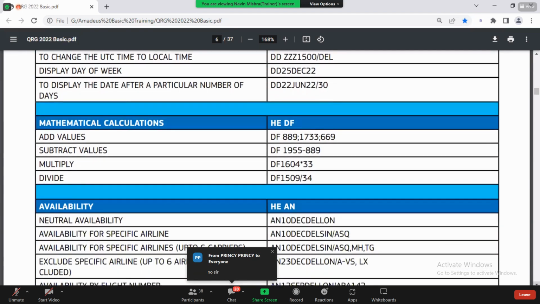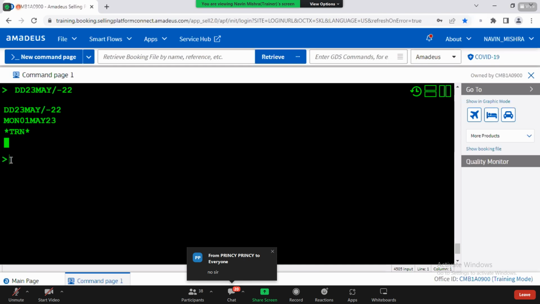Now there is another help command which is used, DF. DF will be used to do all the arithmetic calculations. Suppose you want to add, subtract, multiply, divide, all those four mathematical calculations which are generally used by travel agents, that can also be done on a calculator.